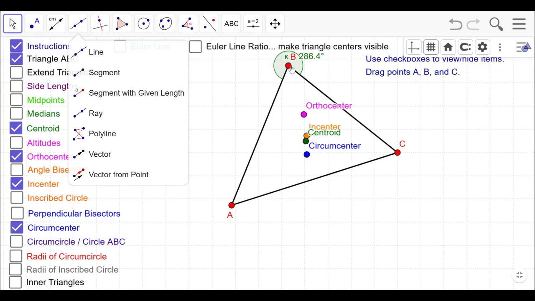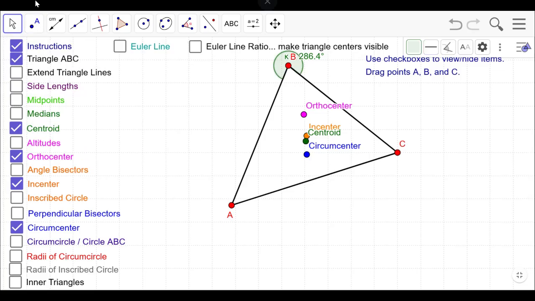So to get rid of that, I want you guys to click the mouse key again. Click the mouse key over here. Click this angle. And then hit the backspace. So click the little circle angle marking and hit backspace.